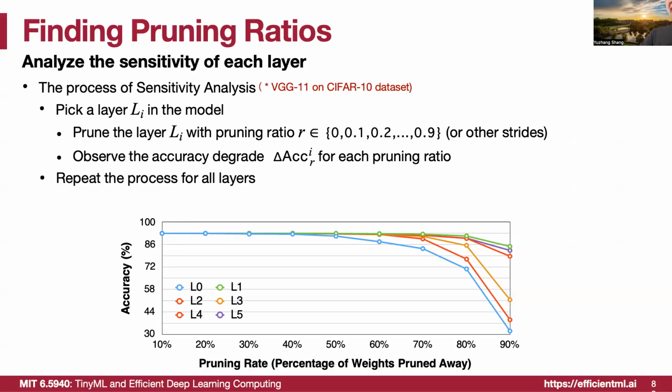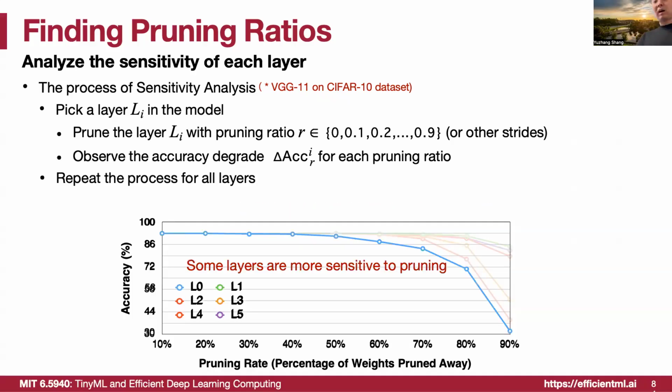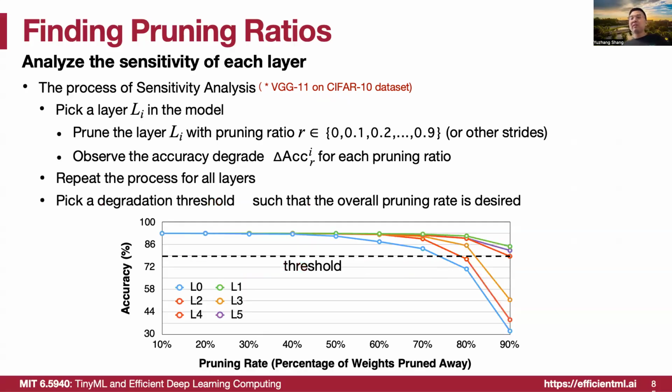We can definitely use this characteristic of neural networks. Some layers are more sensitive to pruning, so the most intuitive idea is to set a threshold on the sensitivity.